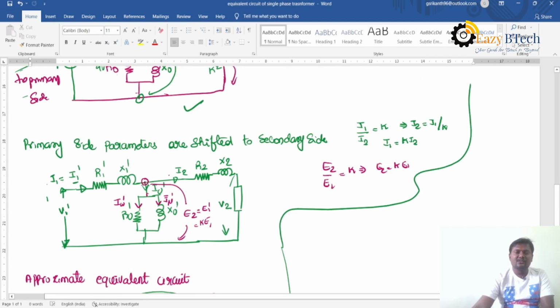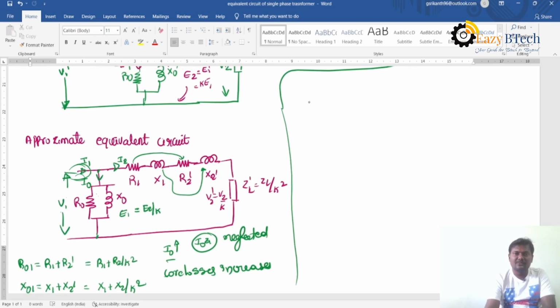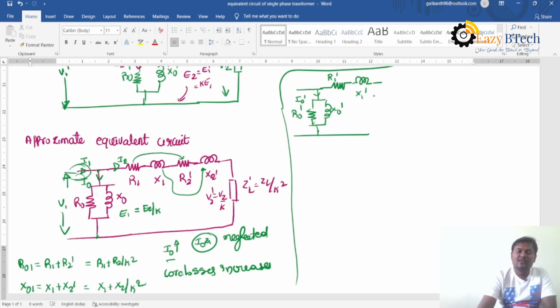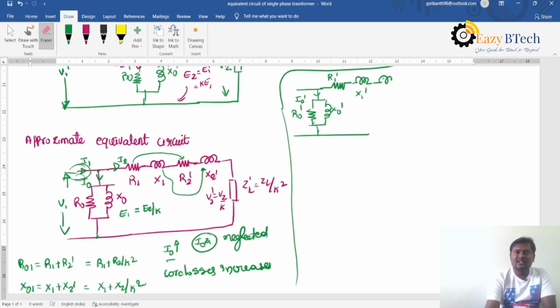And if it is shifted, that means all the primary side parameters are shifted to the secondary side. So this is R0 dash, X0 dash, and the no load current is I0 dash. And the primary winding resistance is now R1 dash. Leakage reactance is now X1 dash. And the secondary winding resistance is R2.